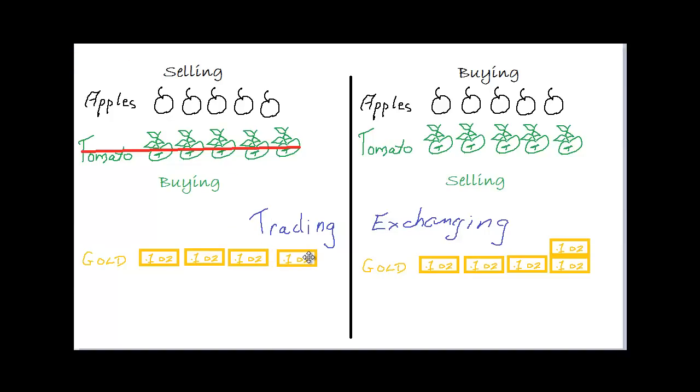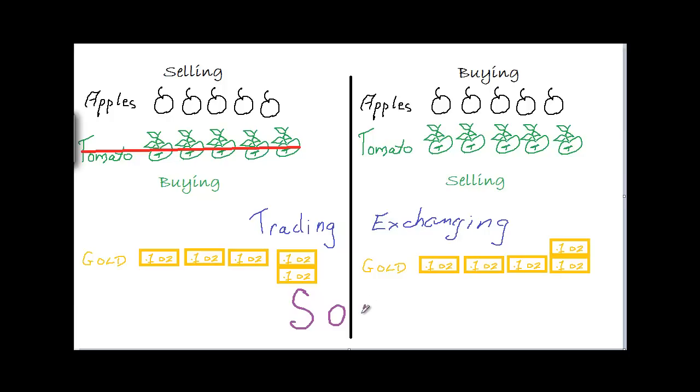And so in this case, the seller says, yep, I'm happy to take those 1/10 of an ounce bars of gold in exchange for my 5 apples. So as long as our buyer and our seller can now agree on the trading or exchanging terms, we are going to have a transaction, and the seller is going to put a big sign up on his apple box which says sold.